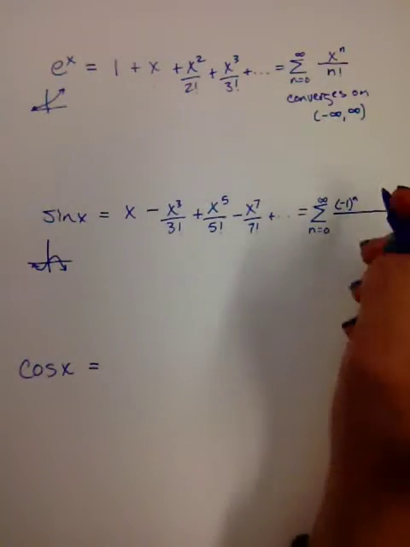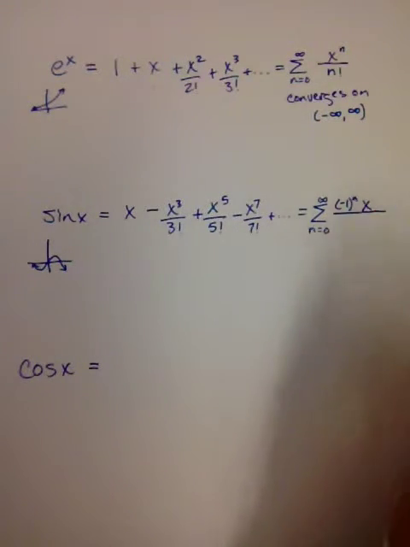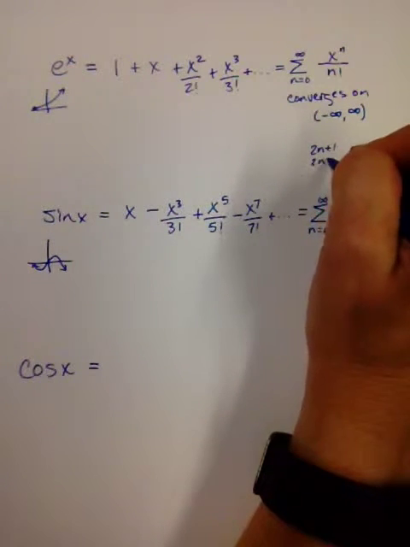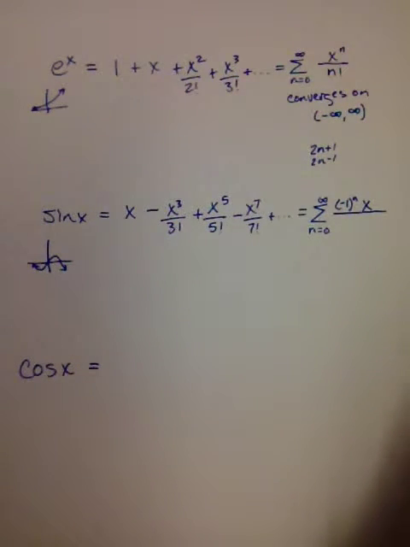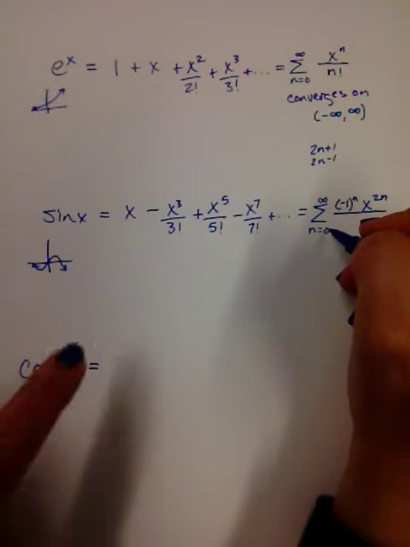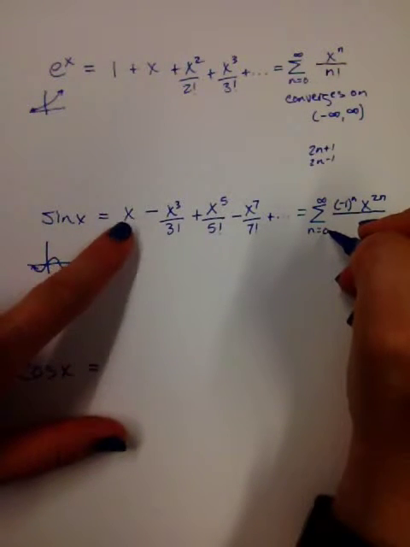Now if I look at my powers of x and my factorials, they are the same, and they're also odd. So odd numbers are usually of the form 2n plus 1 or 2n minus 1. That will keep it odd. So I know it's x to the 2n, and then I'm going to have to add 1 or subtract 1. So I'm going to start with my 0. I'm going to plug in 0, and I need to get 1.